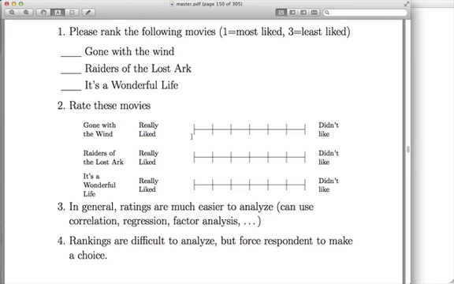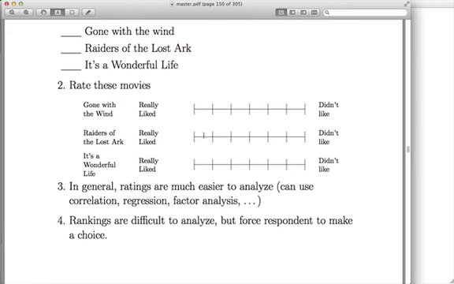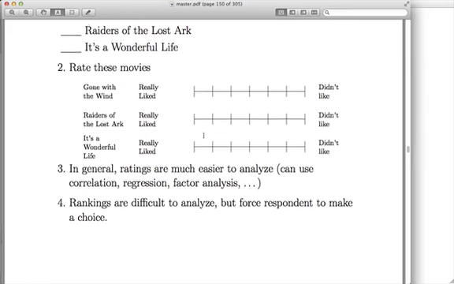So all of the techniques that you're going to be studying next quarter, ranging from correlations to regression to factor analysis, thrive on rating data. You really need much more advanced statistical courses to do much with ranking data. So for these reasons, I don't use rankings very much at all. Stick towards rating on semantic differential or Likert scales.